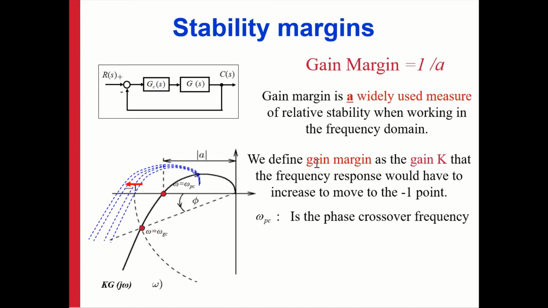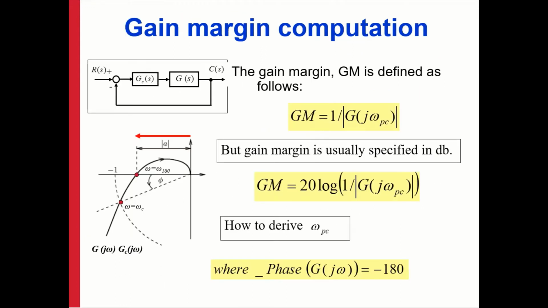The gain margin is defined as the amount we have to increase the gain in this controller here to move that point from there to the -1 point. And there are various ways of working out gain margin.